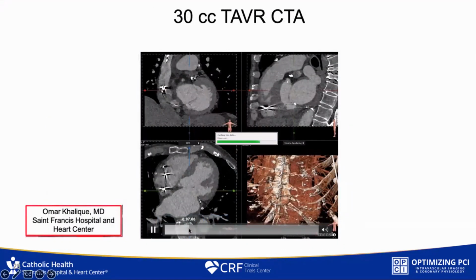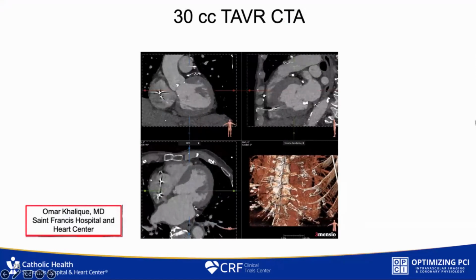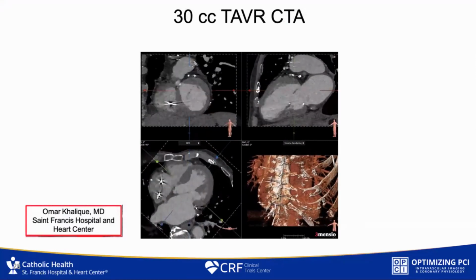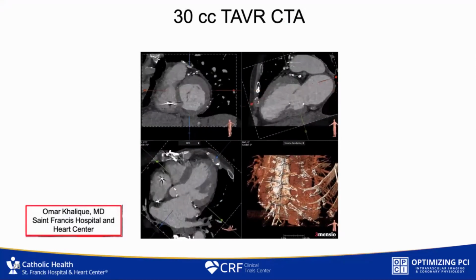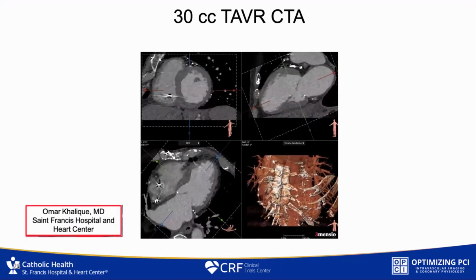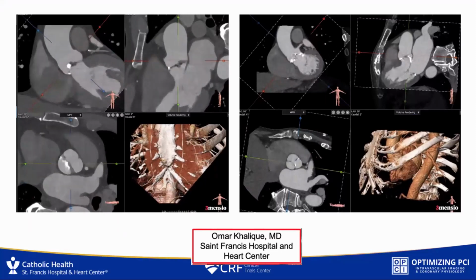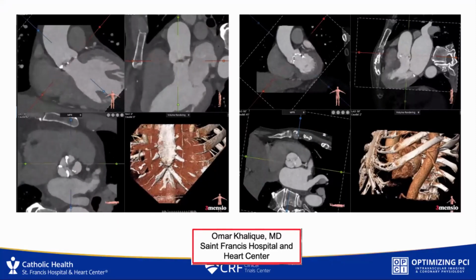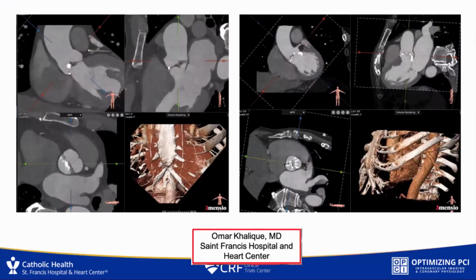And here is the same patient. This is a Cine image from the same patient, and I don't think anybody would be able to tell that this was a 30 ml contrast CT. And this is just another image comparing. These are both good quality Cines from a TAVR case.